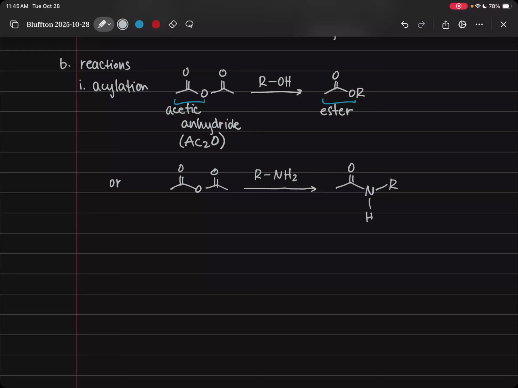And that still adds our acetyl group, but instead the bond is to the nitrogen that used to be part of the amine, and we've still got our R substituent on the nitrogen atom. And so we've made this functional group, which is an amide. So this is actually a secondary amide because it's got an R group on it.